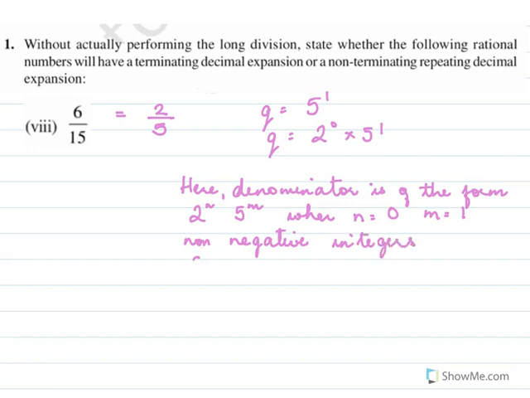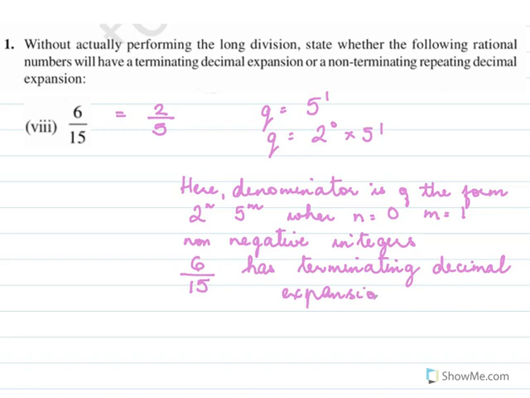So we can say 6 over 15 has terminating decimal expansion. Because it's 2 and 5, therefore it is terminating.